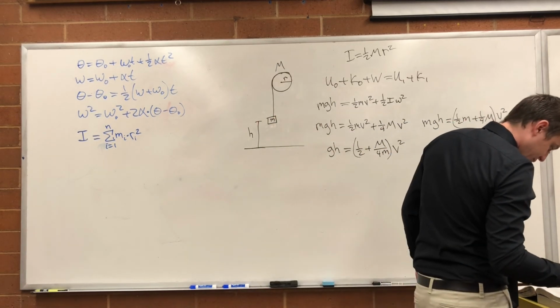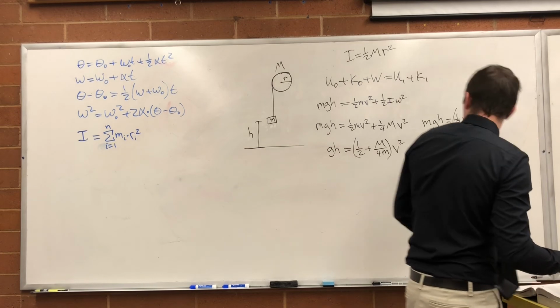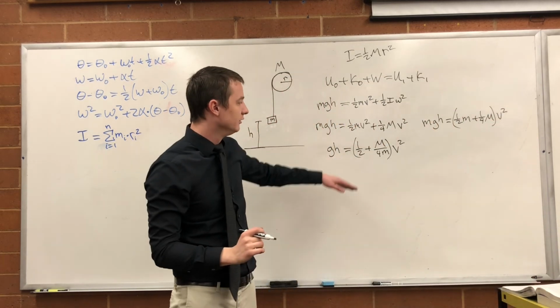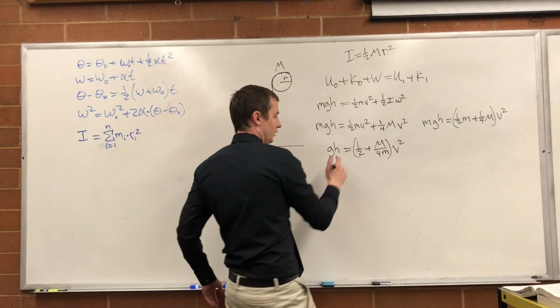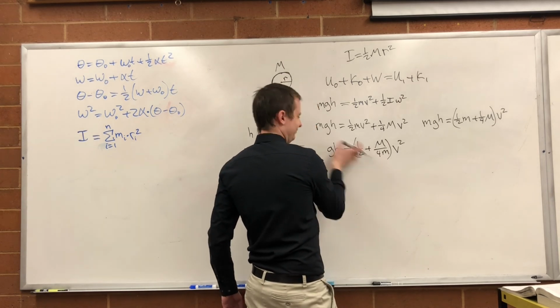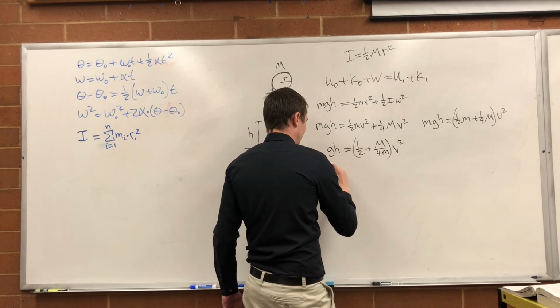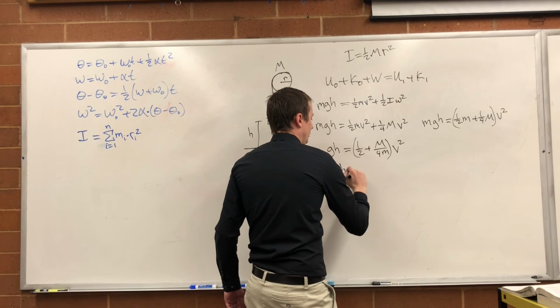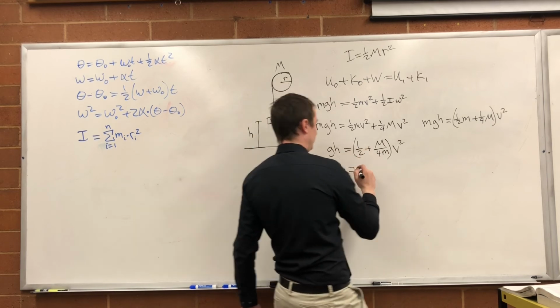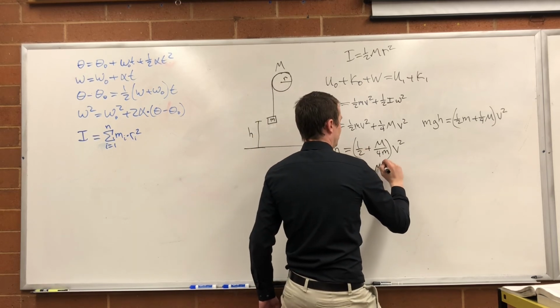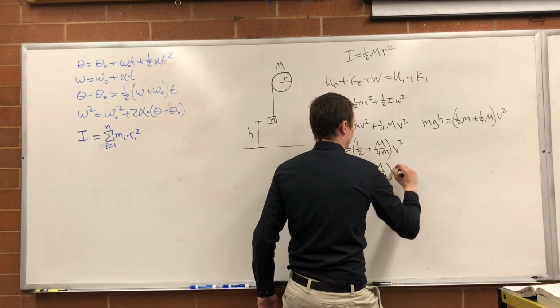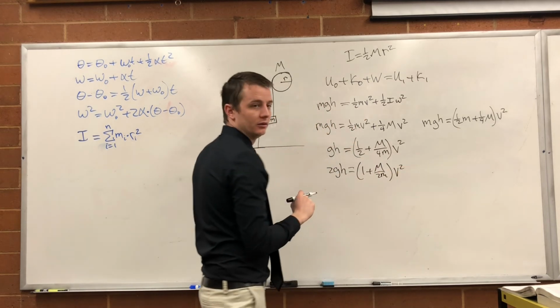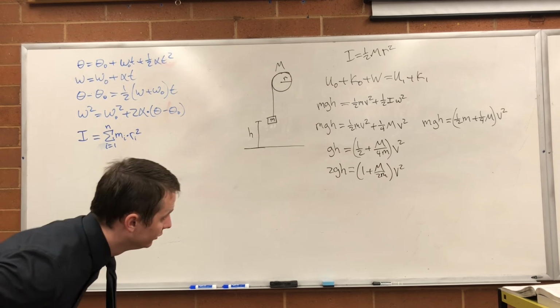They also multiply both sides by 2. That one's kind of nitpicking, but okay. So 2gh is equal to 1 plus big M over 2 little m, times v squared. And now we'll solve for v.